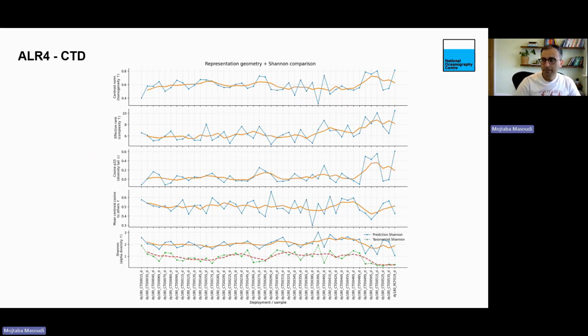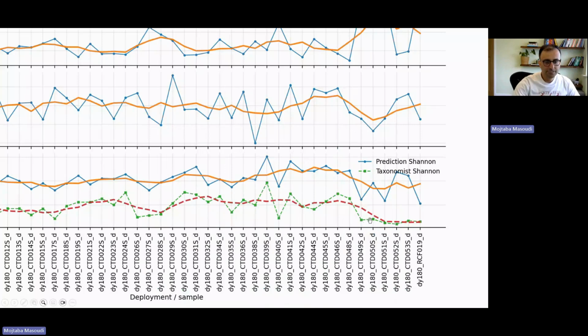Here in this plot, I show a similar pattern of the data for the different metrics, but one thing interesting for me was the Shannon diversity from the CTD, where we do have a label for those as well.